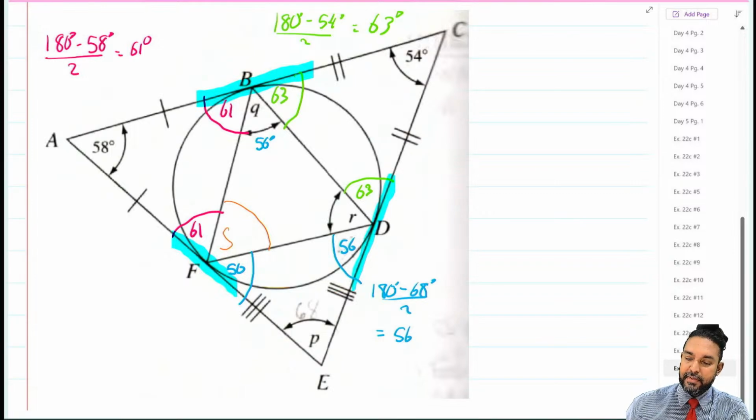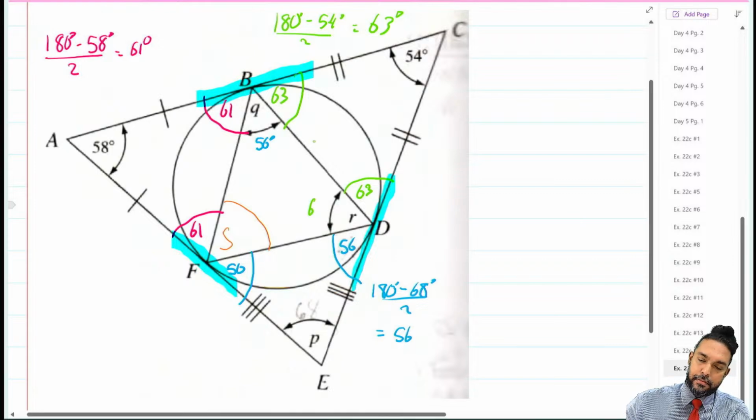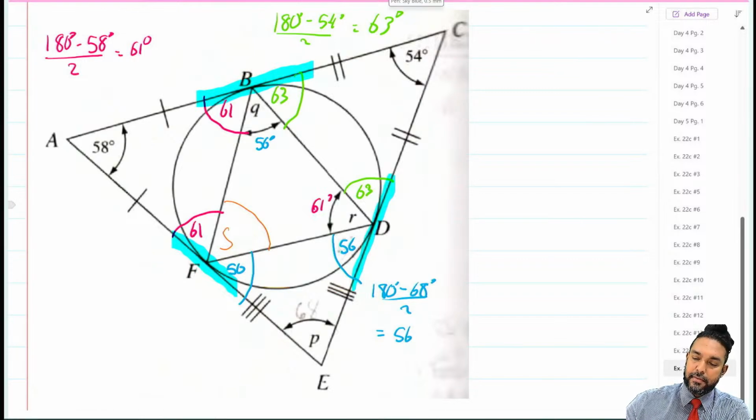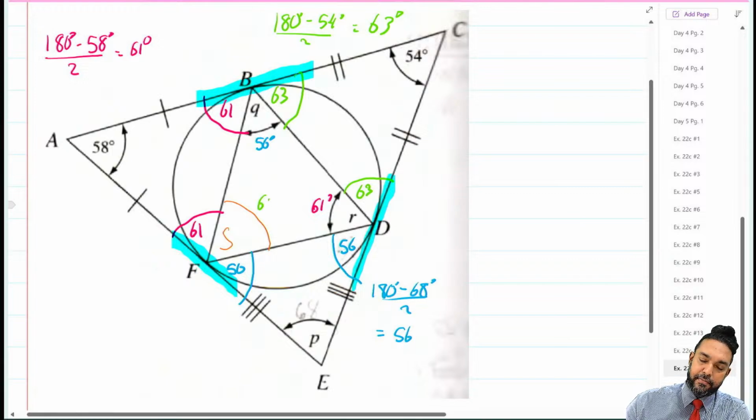R, 56 and 63 is 119. 119 minus 61. Yeah, that's the pink angle, not so? And 61 and 56 is 117, so we need 63 here.